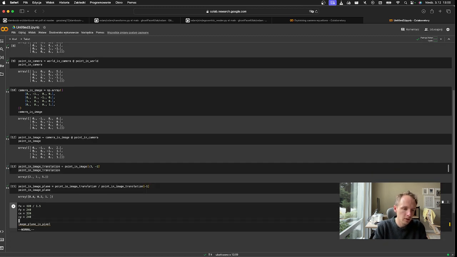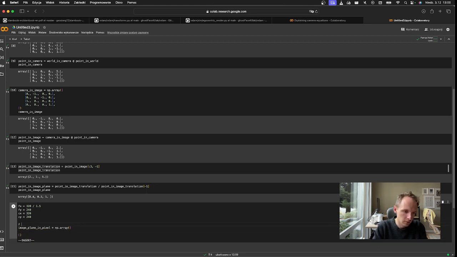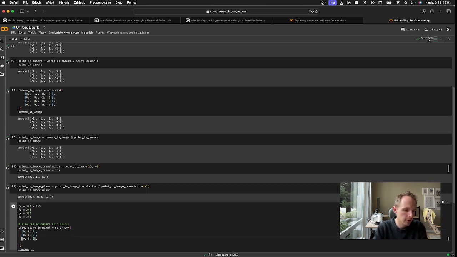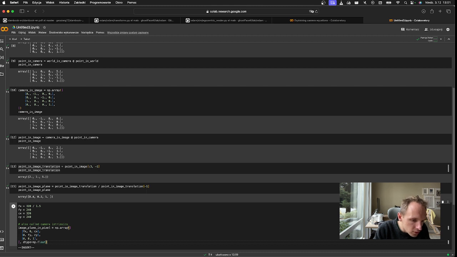This is also called the camera intrinsics matrix: fx, fy, cx, cy, with dtype equals float64.